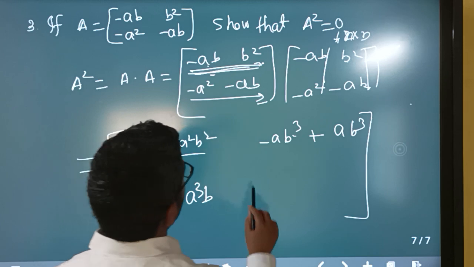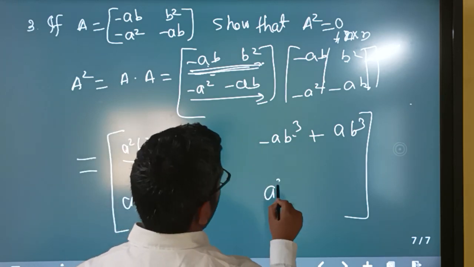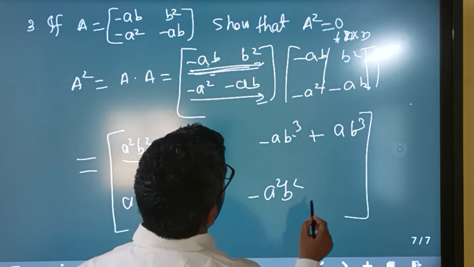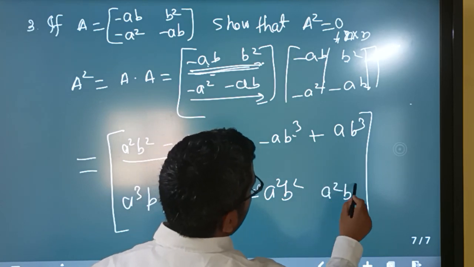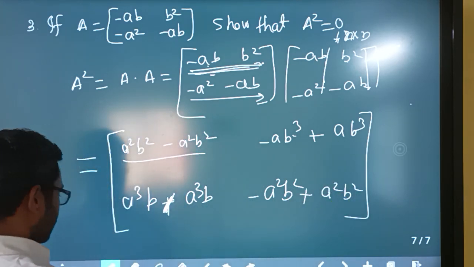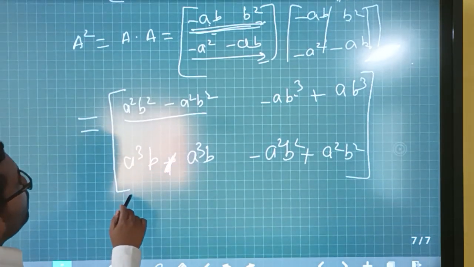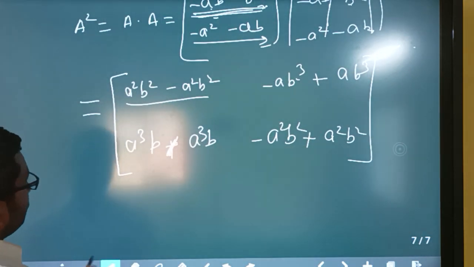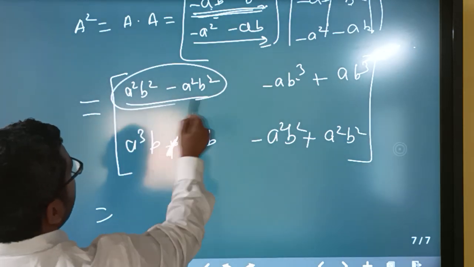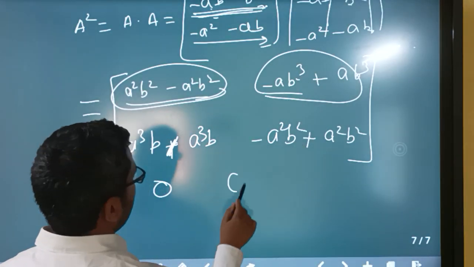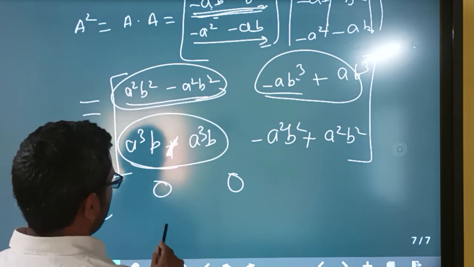Similarly, a square b square minus a square b square. We find every value is 0.